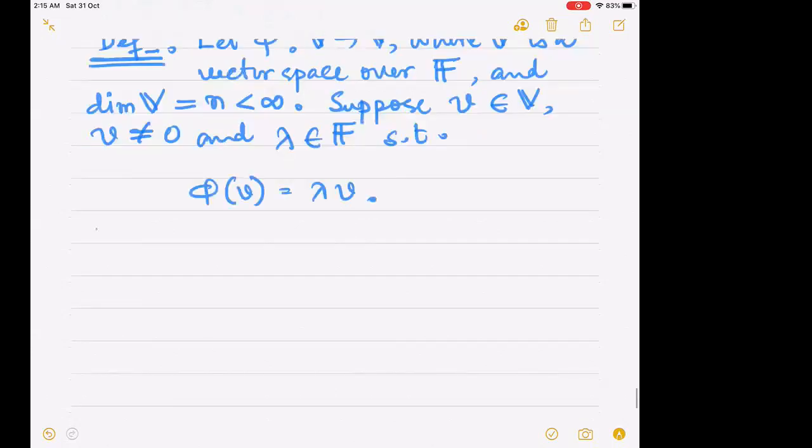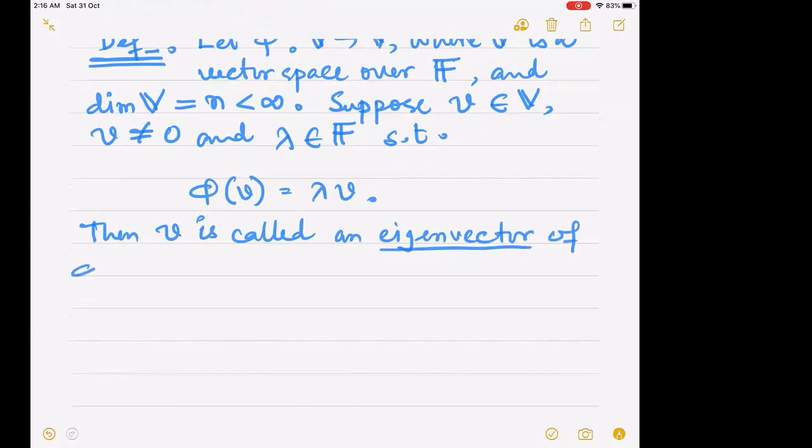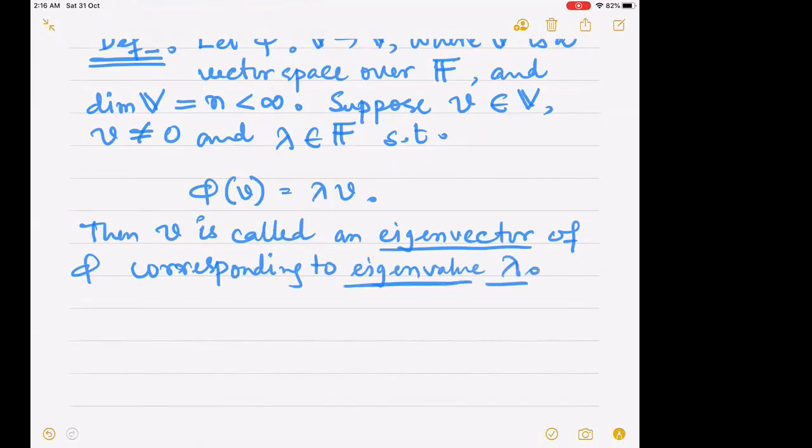Then v is called an eigenvector of phi corresponding to eigenvalue lambda.